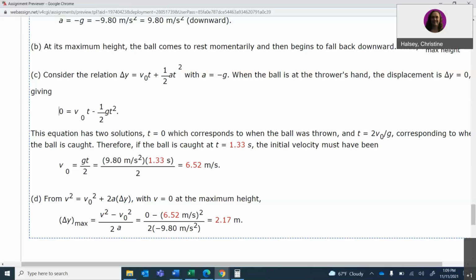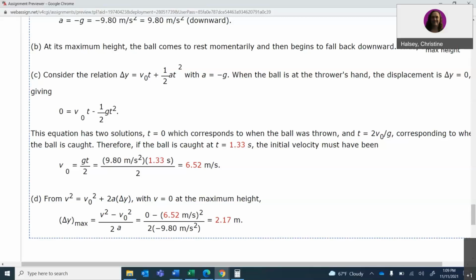So the equation has two solutions, one at t equals 0 and t equals 2 times the initial velocity divided by gravity. Those are our two answers.